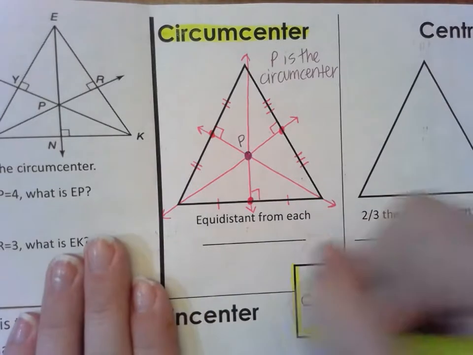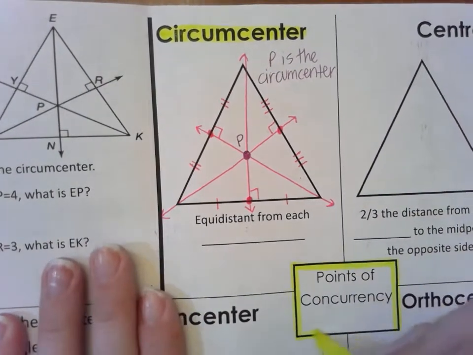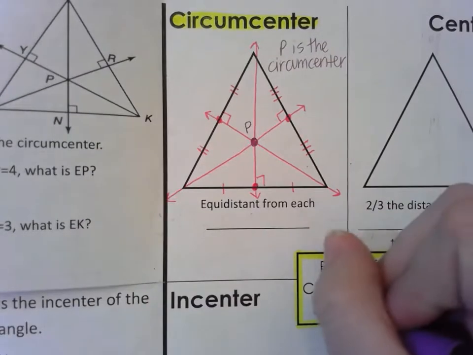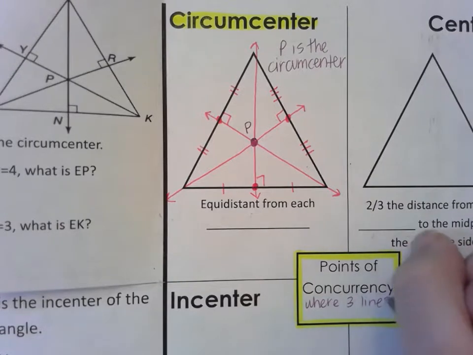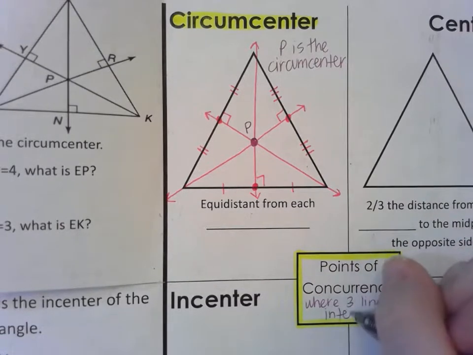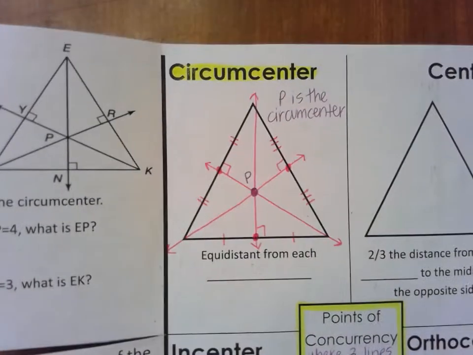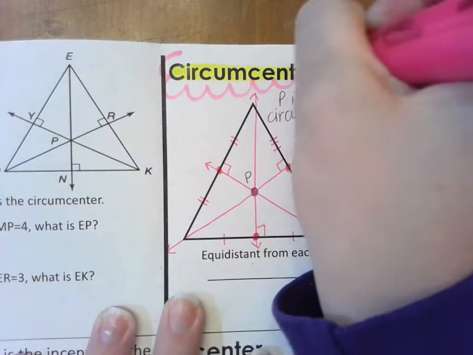So we'll talk about 4 types of points of concurrency today, and the first one is the circumcenter. So a point of concurrency is just where 3 lines intersect. And like I just said, for perpendicular bisectors, they intersect at what is called the circumcenter.